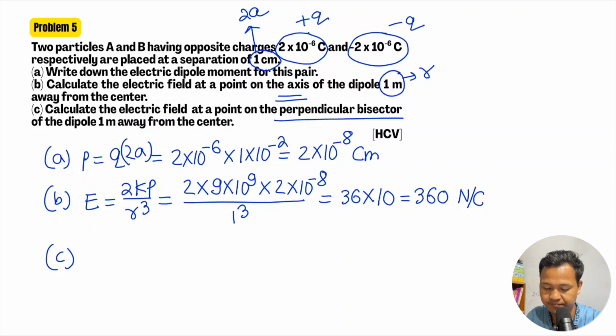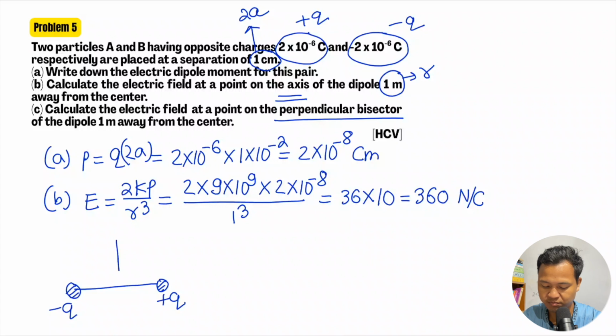Here you have to define r. The dipole has minus q on one side and plus q on the other, and 1 meter away is the point where you have to find the electric field. The separation is 1 centimeter, so half of it, a, is 0.5 centimeter.